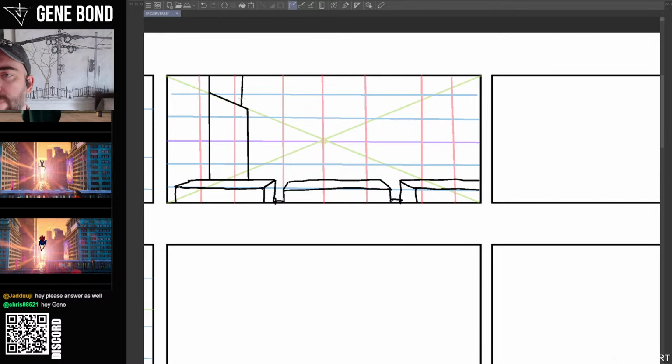So here's this building. There is a road.